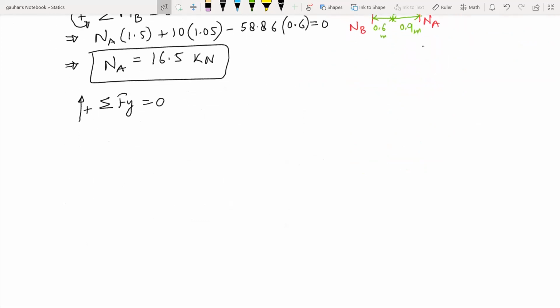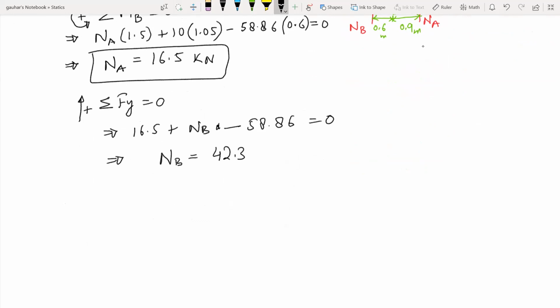So we have NA, which is 16.5 kilonewtons, plus NB, which is unknown, and the weight, which is acting downwards, so it's negative 58.86 kilonewtons, equals 0. From here we get NB, which is 42.3 kilonewtons. Now we are done with two unknowns, NA and NB.